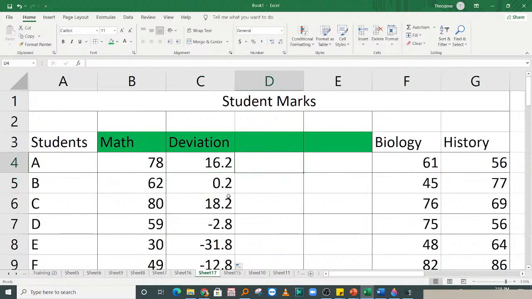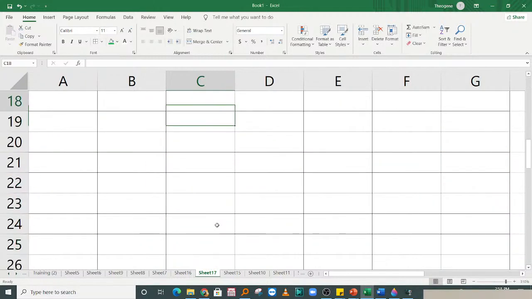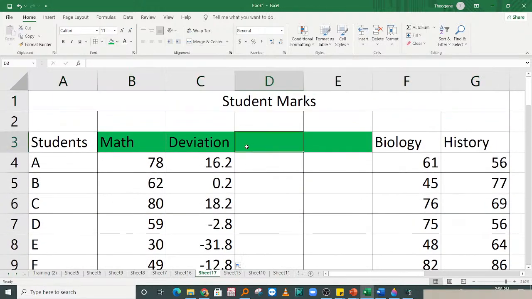After finding the deviation, I calculate the sum of deviations, the square of the deviations, because we have seen that the sum of the deviations is equal to 0.